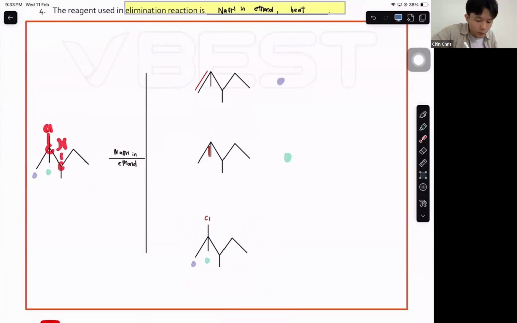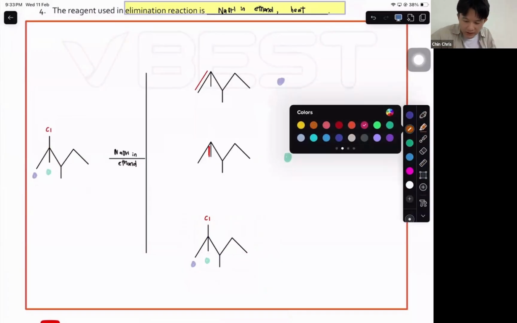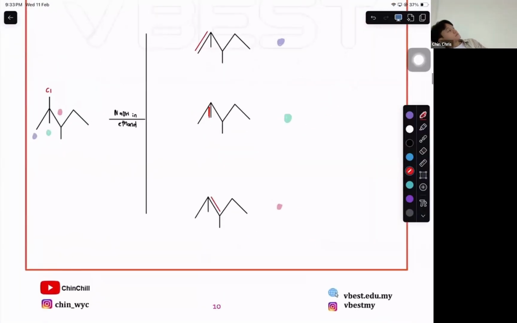I'm gonna indicate it with a red color. This is where I'm removing. Correct. A double bond. Done. Understand? Know how to remove? Okay, all good.